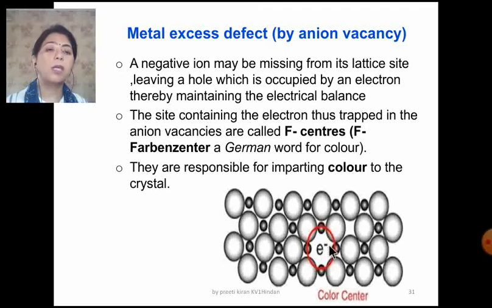And when an anion vacancy is occupied by an electron, when an electron is trapped in this, then this point is known as F center or the Farbenzenter. It is a German word. And this F center is responsible for imparting the color to the crystal. The more F centers there are, the stronger or deeper is the color.